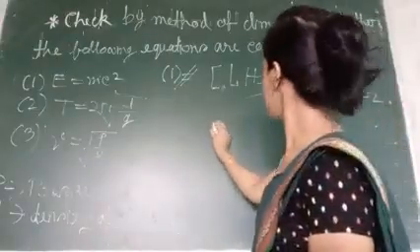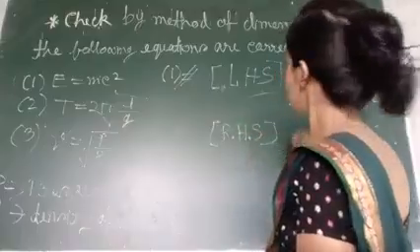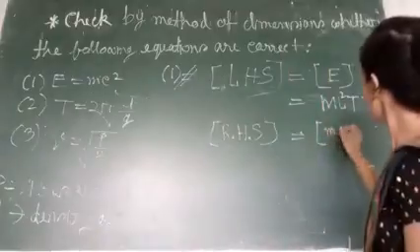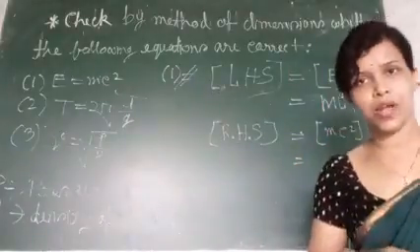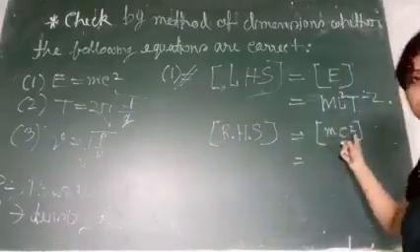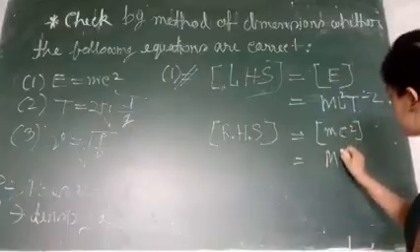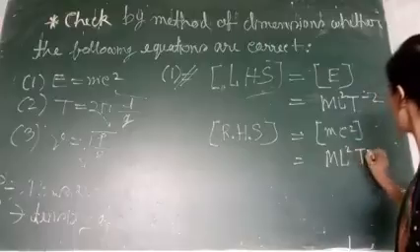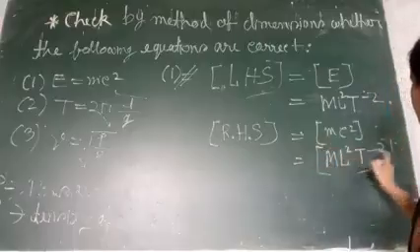After that, the right hand side. What is given here? M C square. So what is the dimensional formula for M C square? C here means velocity. So it will be M into C square, and for C this is L T to the power minus 1. So L square T to the power minus 2, so M L square T to the power minus 2.